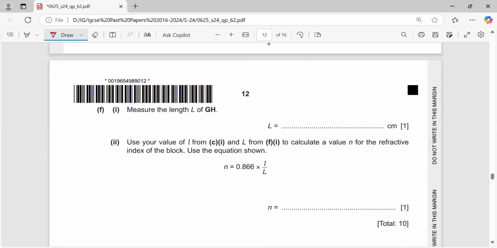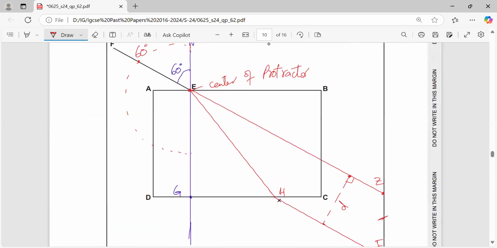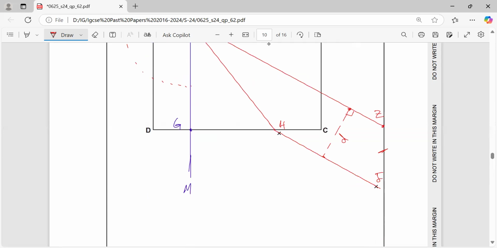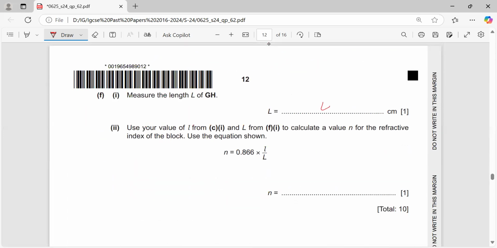Now measure the length L of GH. For me, when I'm measuring again, it should be in centimeters, and when I'm placing it, for me it is again 4.5, because it is a zoomed-in screen.